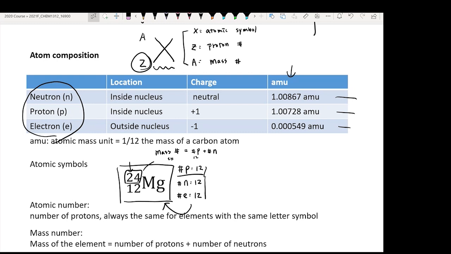That tells you how much atomic mass each neutron contributes. In principle, if you multiply the number of neutrons by this value, plus the number of protons multiplied by that value, you can calculate the mass in atomic mass units for every single atom.